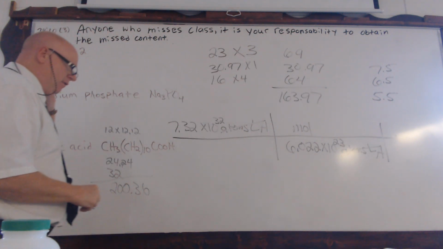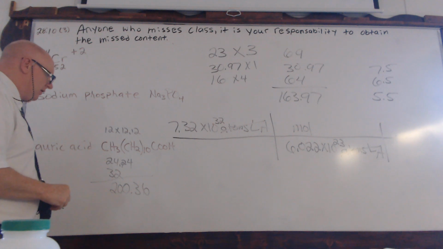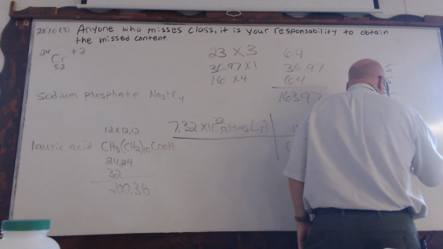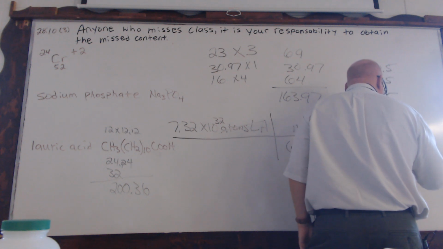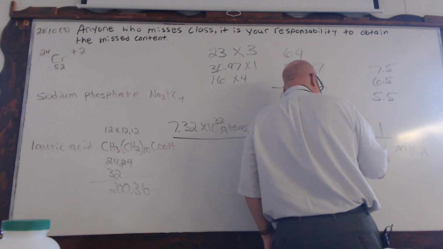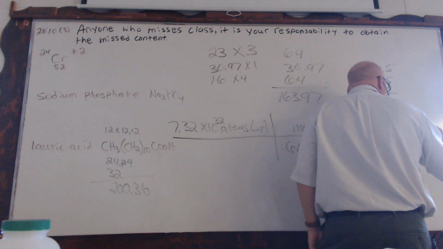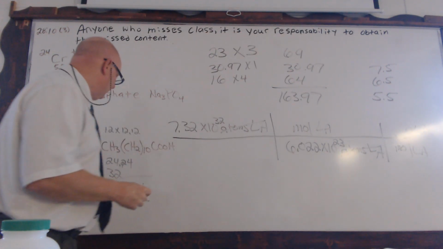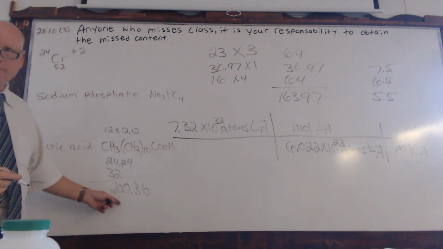How do we get from moles to grams? Now you're on the home stretch. Moles to grams. You put the other mole on the bottom, right? Moles goes down here. And then what goes up on top? And you don't have to reinvent the wheel here, because we did that right here.